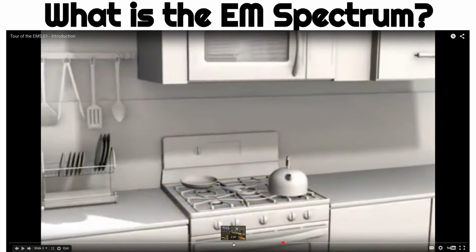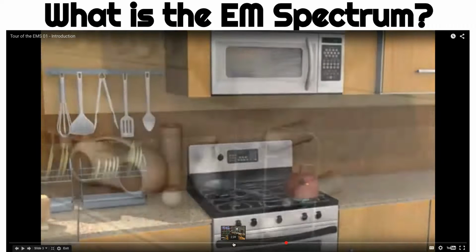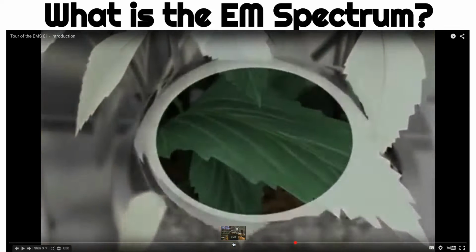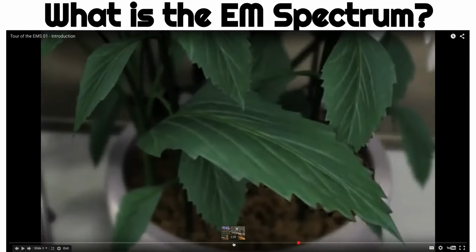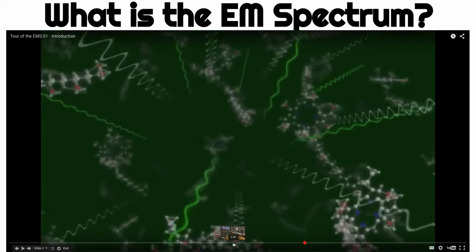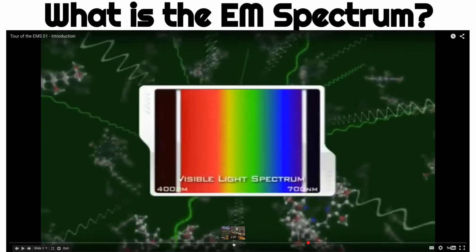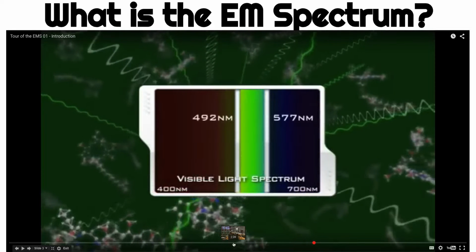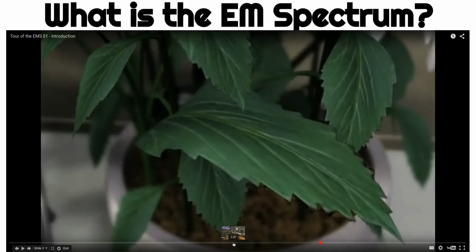Objects appear to have color because EM waves interact with their molecules. Some wavelengths in the visible spectrum are reflected, and other wavelengths are absorbed. This leaf looks green because EM waves interact with the chlorophyll molecules. Waves between 492 and 577 nanometers in length are reflected, and our eye interprets this as the leaf being green.